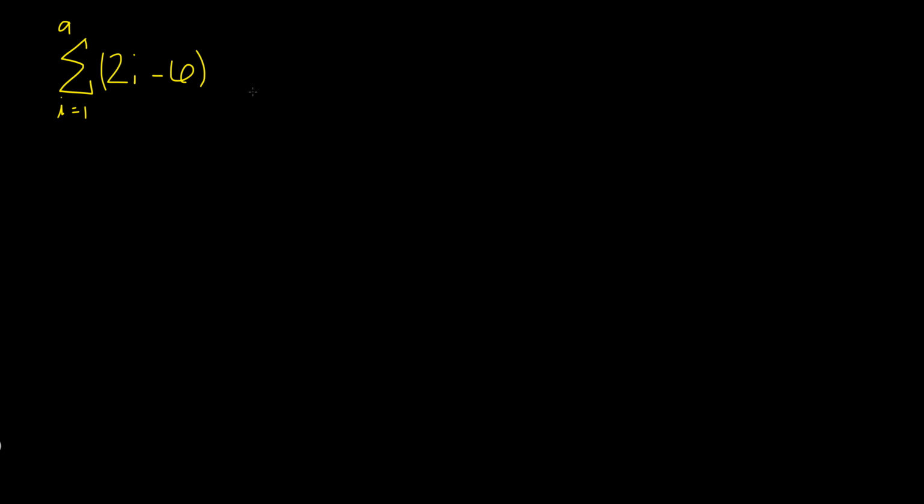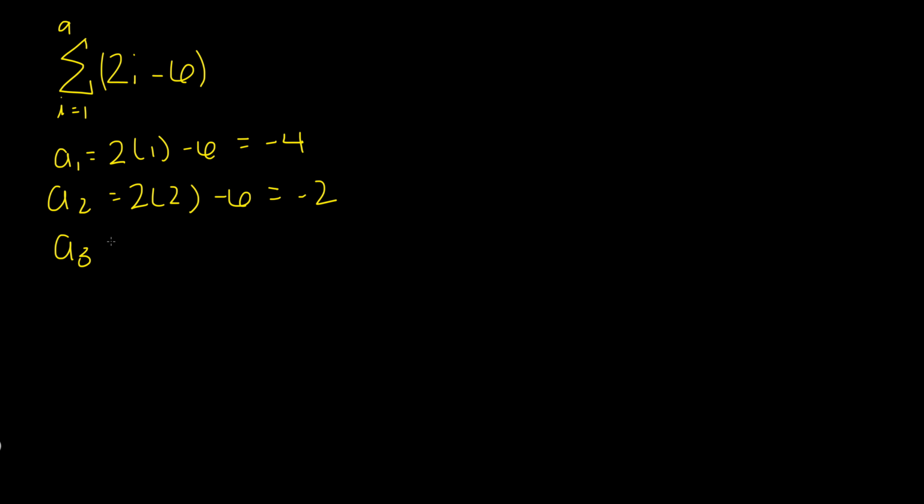Okay, so what we're going to do is find a1. And a1 is going to be 2 times 1 minus 6, which is negative 4. Then we're going to do a2, which is 2 times 2 minus 6 equals negative 2. a3 is 2 times 3 minus 6 equals 0.